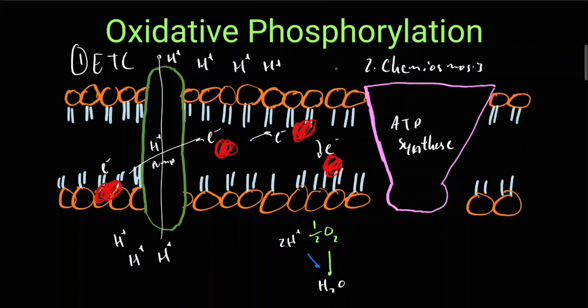Now, the protons will pump back in, and this will cause the end right here of ATP synthase to again spin like a wheel, and thus creating ATP.